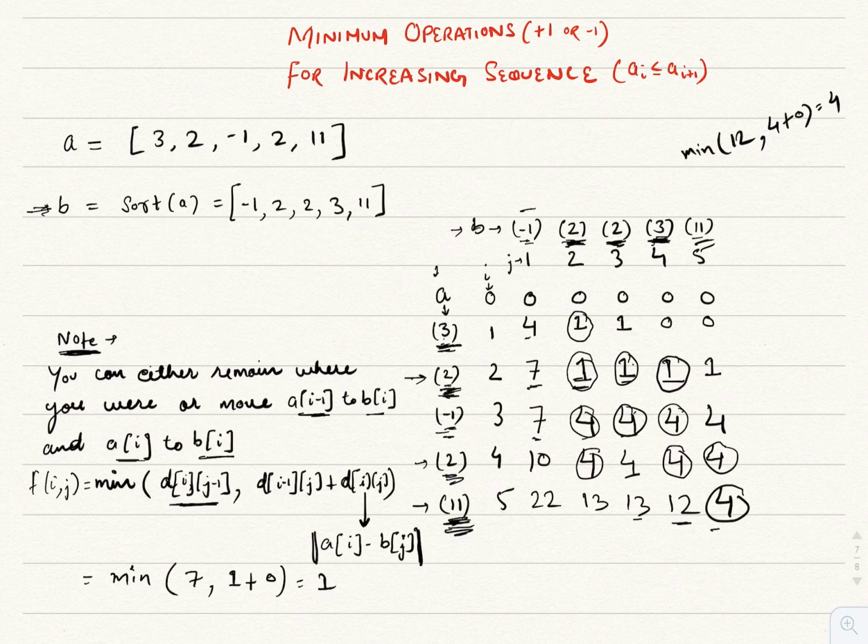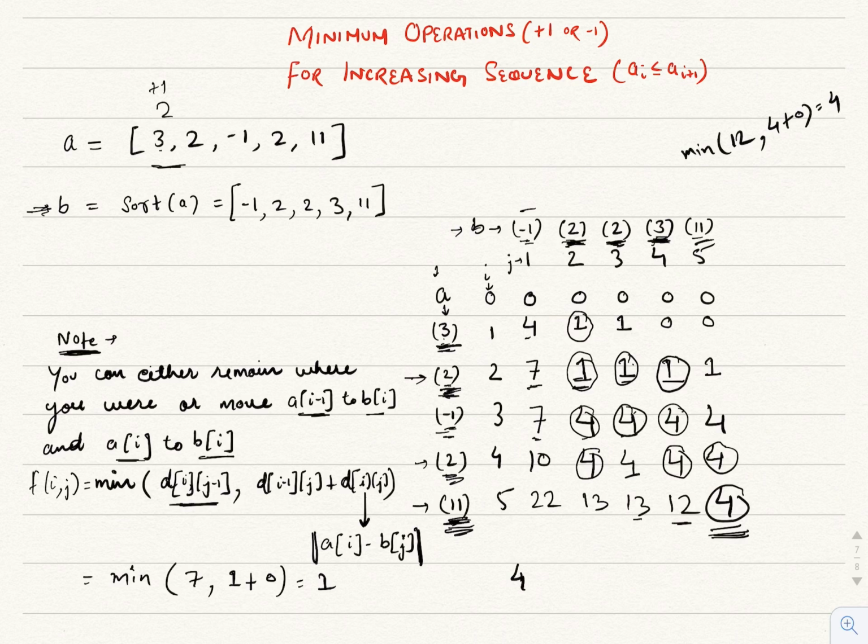So the final answer will be this value, which we'll get at the end of the table, which is 4. So the minimum operations to make this A an increasing sequence, we have to do 4 operations. So here you can find it as well, that we can make 3 to 2 and we'll remain 2, so it's going to cost us 1 operation.